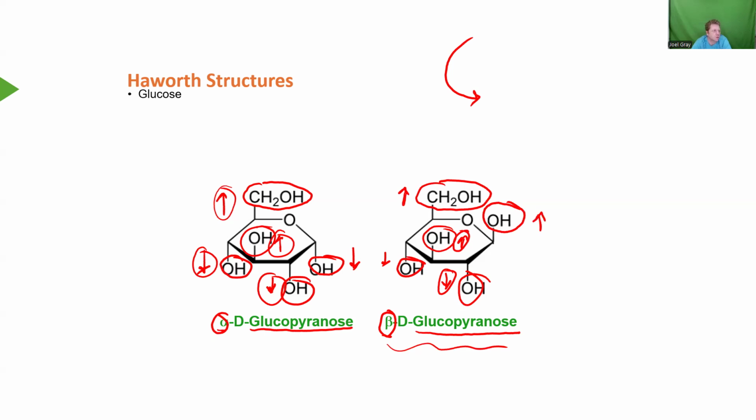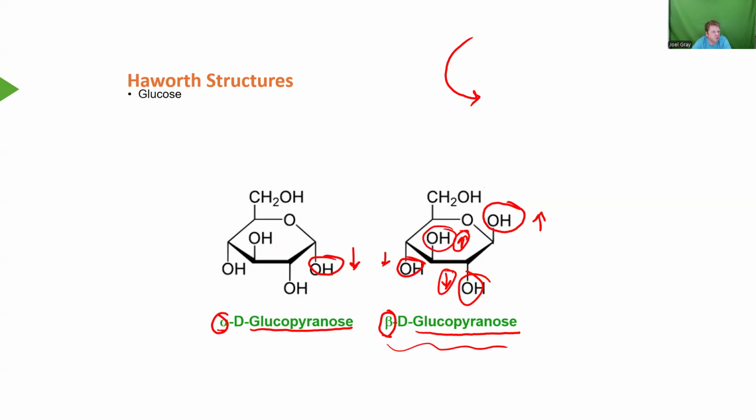I'm going to basically erase everything and leave behind only the groups that are different from one another. The only groups that are different are this OH group and this OH group. The OH group on my molecule on the right is pointed up, whereas the OH group for the molecule on my left is pointed down.